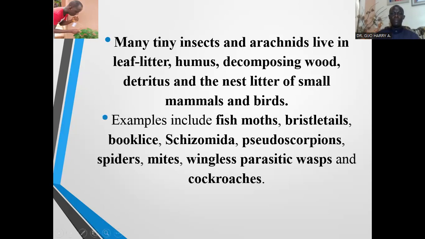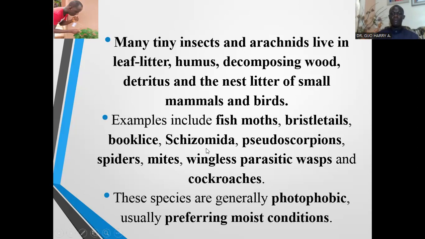Examples include fish moths, brittletails, book lice, schizomids, pseudoscorpions, spiders, mites, wingless parasitic wasps, and cockroaches. These species are generally photophobic, usually preferring moist conditions.